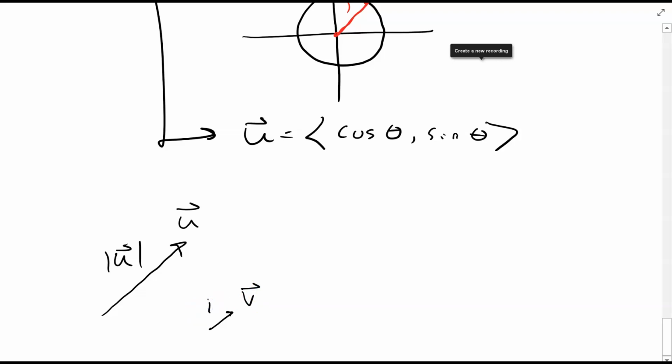The direction is not changed, right? We're just shrinking it down so it has a length of 1. Well, I'm going to use scalar multiplication to do that. What would I have to multiply vector u by? Just 1 over its magnitude.